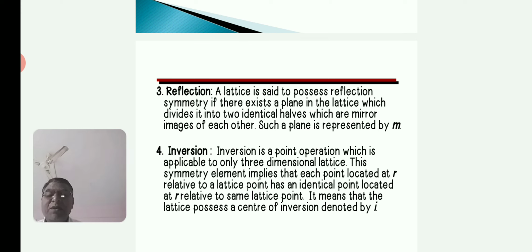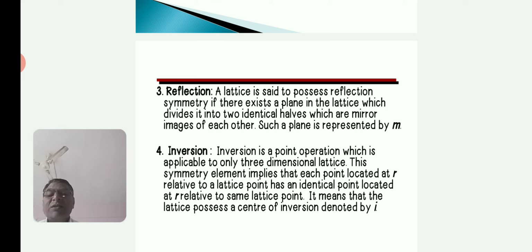The first point, the translation operation, applies only to the lattice point, while the remaining 3, rotation, reflection, and inversion, apply to all objects and are collectively called the point symmetry operation. The last symmetry operation is the inversion operation. It is applicable to three-dimensional only.